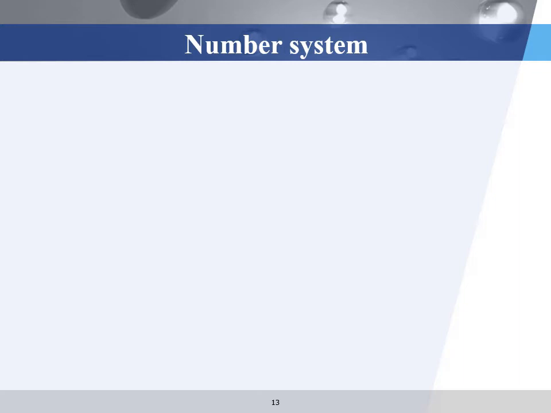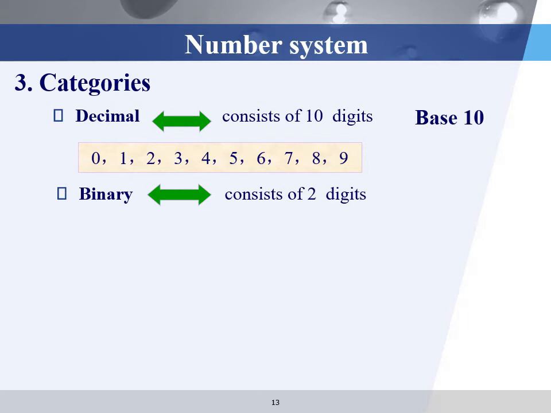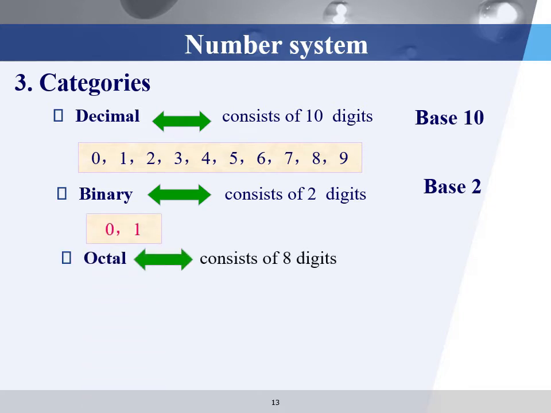Including binary, we also have some different number systems. Like decimal contains 10 digits from 0 to 9, and the base is 10. Binary contains 2 digits, and the base is 2, of course, because it has 2 different digits, 0 and 1. We also have octal.